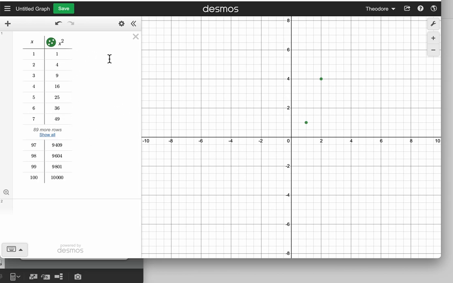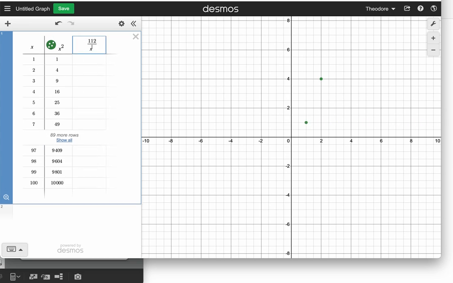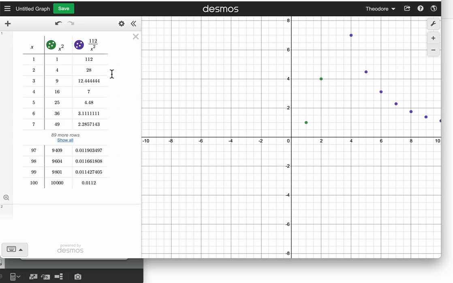In the third column, so I click into my table, go to my third column, right arrow. I want whatever my radicand was divided by x squared. So if my radicand in this problem was 112, I would type in 112 divided by x squared. And now I have a list of factors just like we would in the table method.